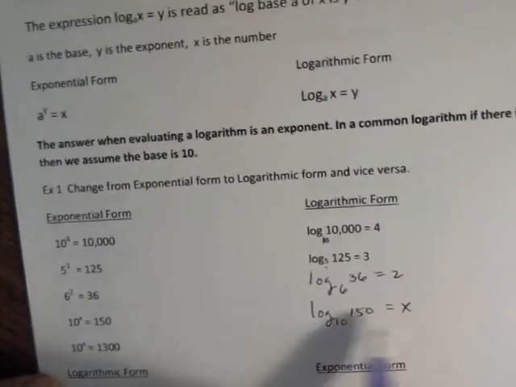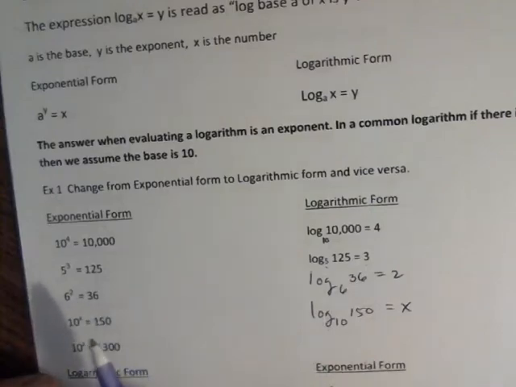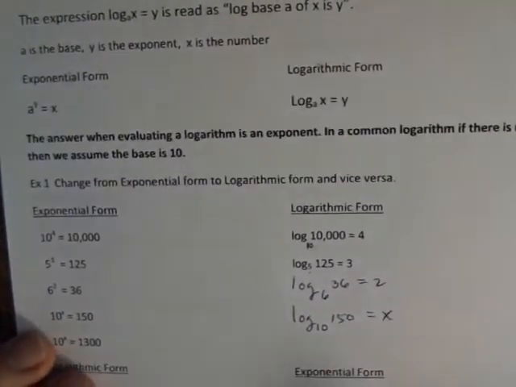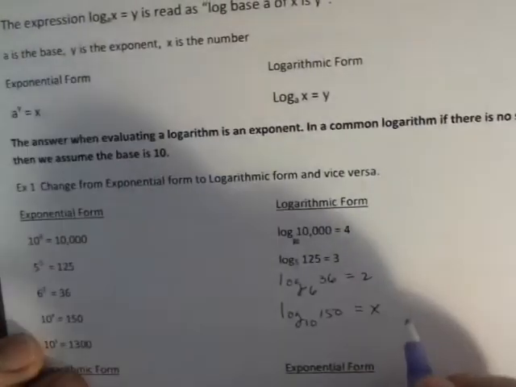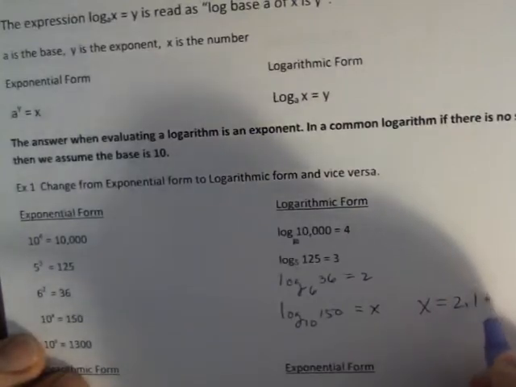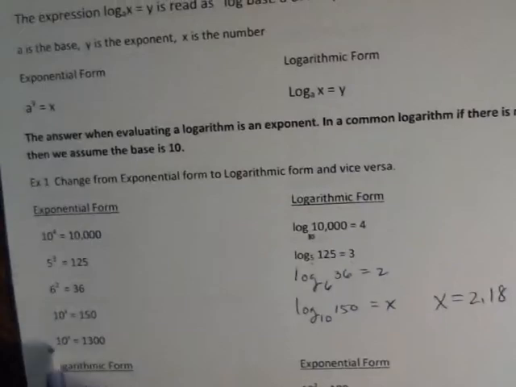So right there, I'm solving for the exponent. That's why we have logarithms, so we can solve when the exponent is unknown in an exponential function. So you can just do log 150 in your calculator, and you get 2.18 roughly. So we've solved an equation. Okay, same thing here.